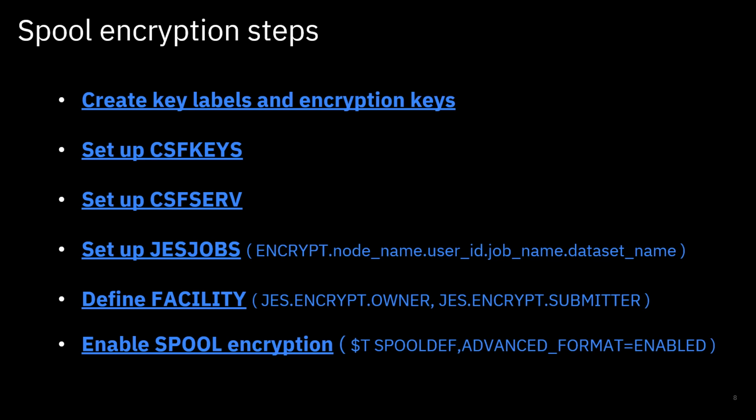Then define a FACILITY class profile to control the ability to provide a key label on a DD statement by using the DSKEYLBL keyword. This keyword overrides a key label that is assigned to a dataset by a JESJOBS profile, but only if the user has read or higher access to the relevant FACILITY class profile. And finally, you can activate spool encryption using the JES2 operator command.